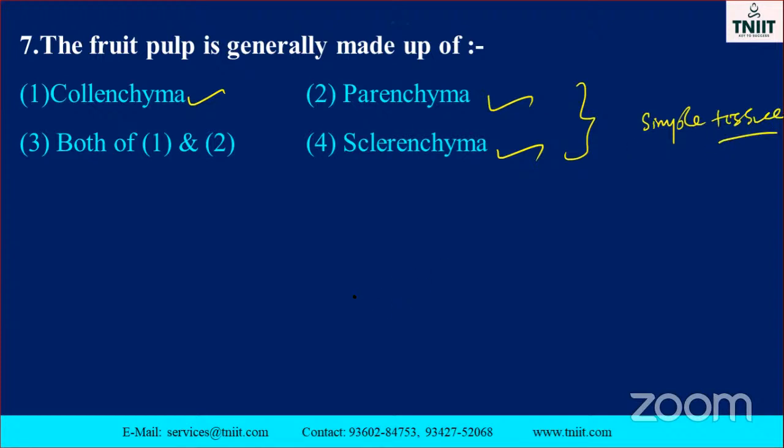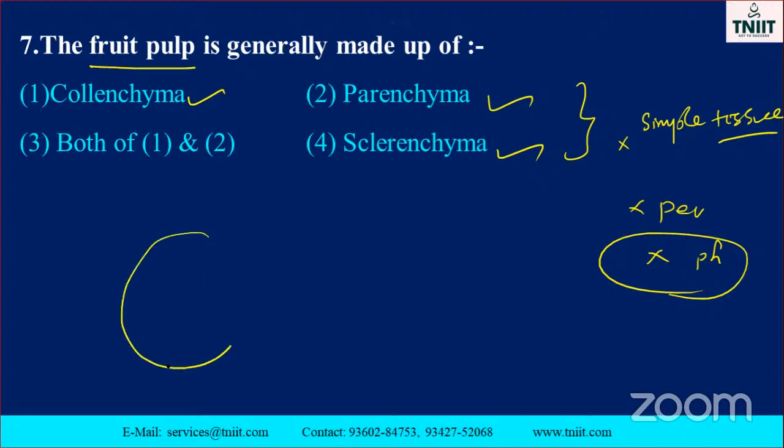What is the structure of collenchyma? What is the structure of parenchyma? These are all considered simple tissues. And the other one is called permanent tissues, xylem and phloem. But it is not considered here. They asked about the fruit pulp.